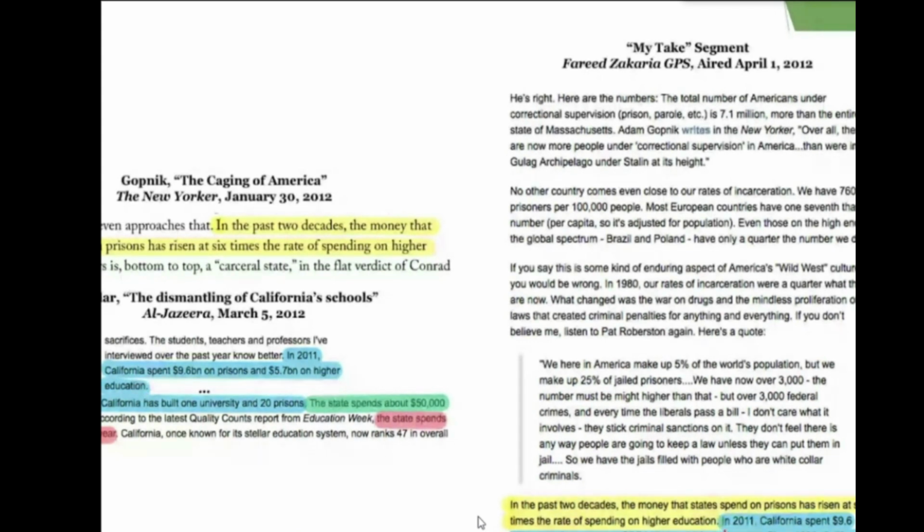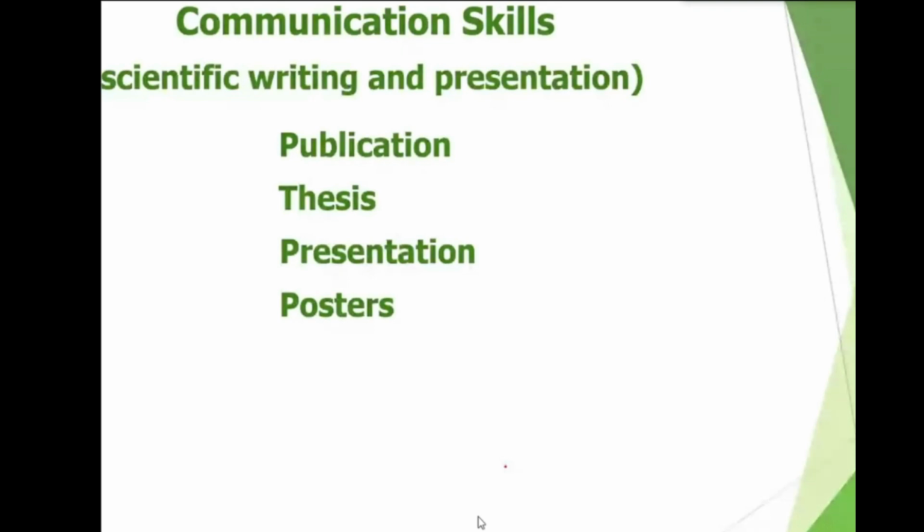In 2011, California spent $9.6 billion on prisons versus $5.7 billion on higher education. Isn't it exactly the same sentence that is being copied and kept in this particular paragraph? So this is also not acceptable as plagiarism, and one has to be extremely careful.